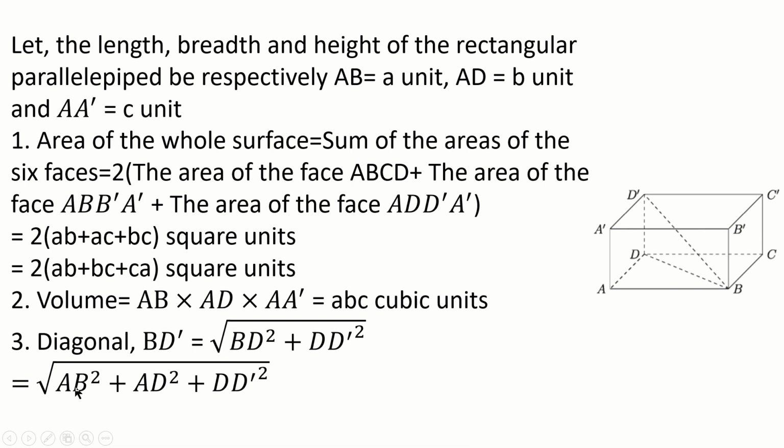Now putting the value of AB as A, AD as B, and DD prime and AA prime same, so this equals C. So finally we'll get square root of A square plus B square plus C square units.